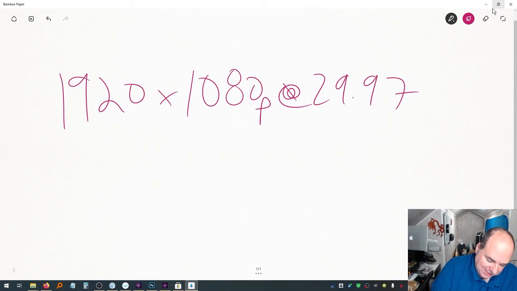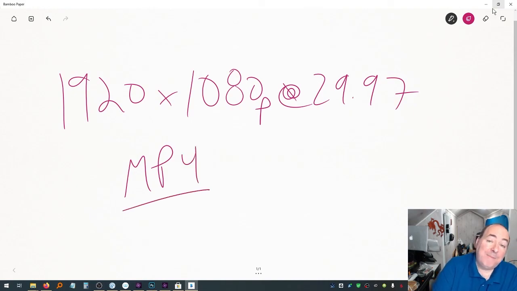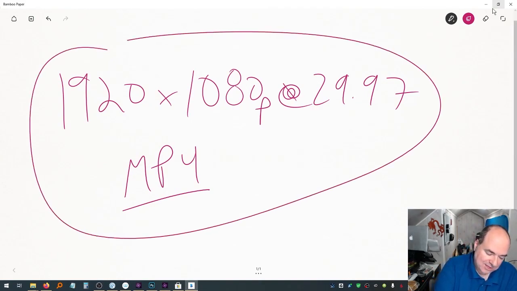It is going to be progressive, and it is going to be an MPEG-4 file, which represents the MPEG file format and the MPEG-4 codec. And that is how we look at video to start.